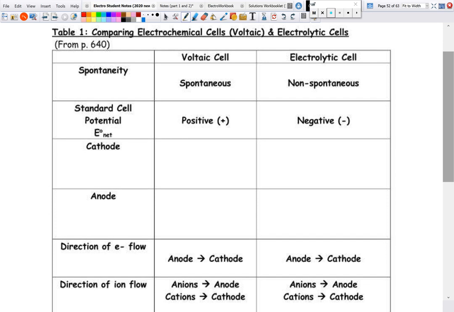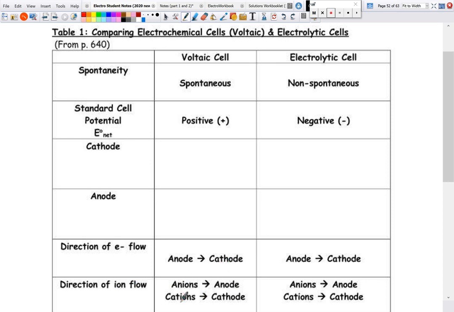Now, as I was saying in the table here, comparing these two, as you know, voltaic cells are spontaneous, electrolytic are non-spontaneous. The standard cell potential is going to be positive for voltaic and negative for electrolytic. Now, the only ones I left blank here are the only ones that are different. Because the direction of the electron flow still goes from anode to cathode for both cells, and direction of the anion flow will still be the same as well.